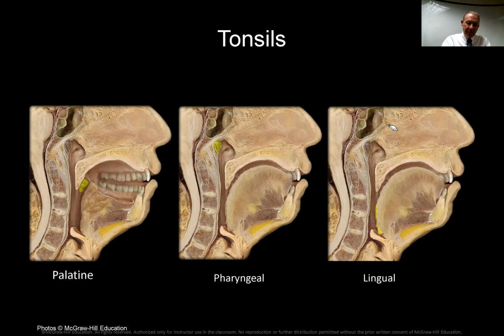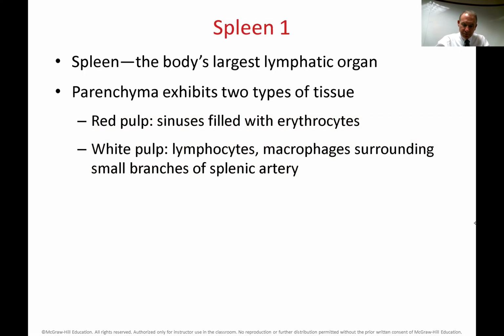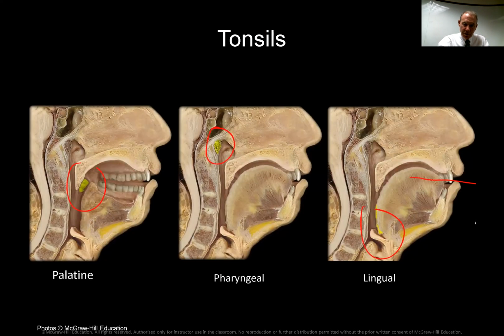Lateral view, palatine tonsils, pharyngeal tonsils or adenoids, and we also have the lingual tonsils, and they're at the base of the tongue. So this big muscular structure right there, that's the tongue.